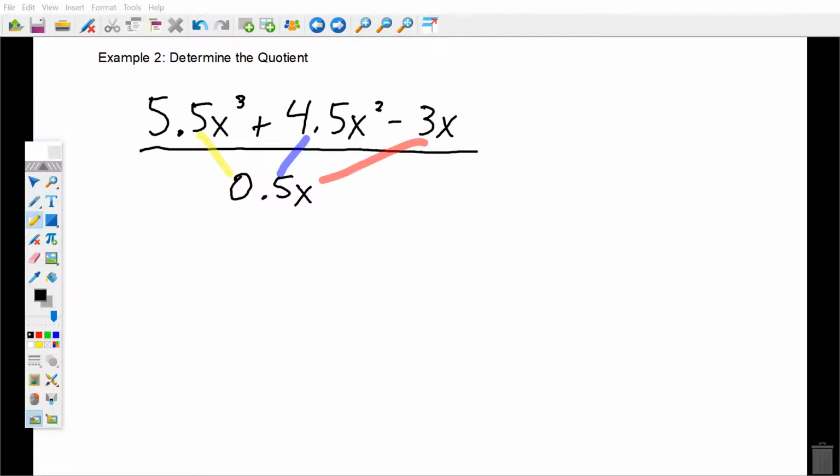So 5.5 divided by 0.5 is 11. And then we subtract the exponents because we're dividing. 3 minus 1 is 2, so we have 11x squared. Over here, 4.5 divided by 0.5 is 9.